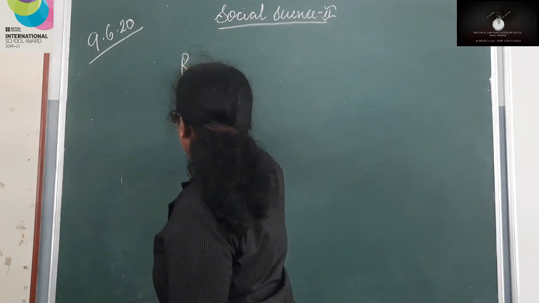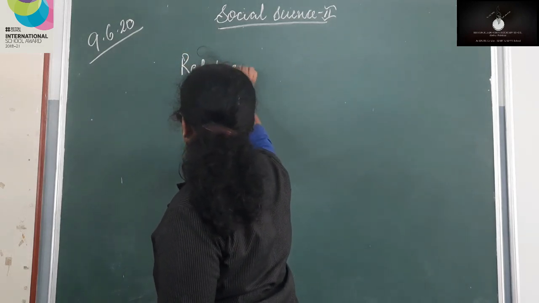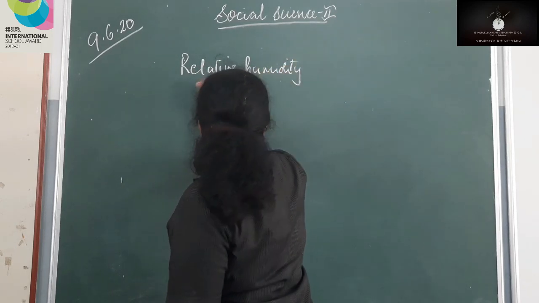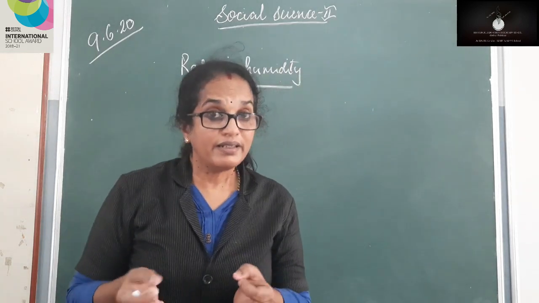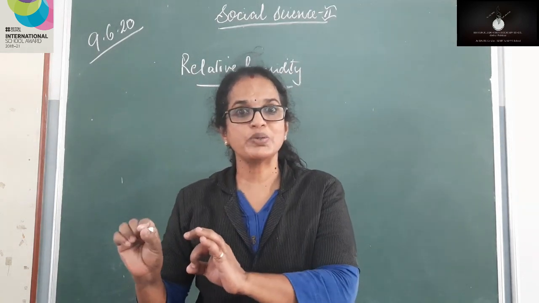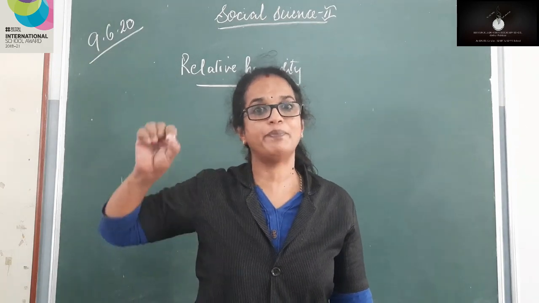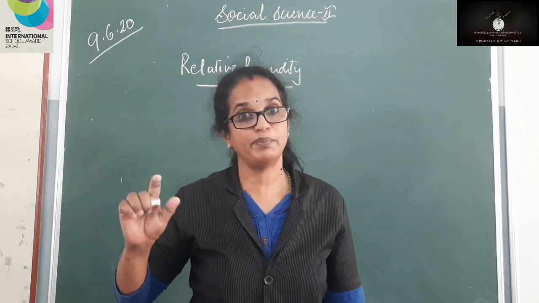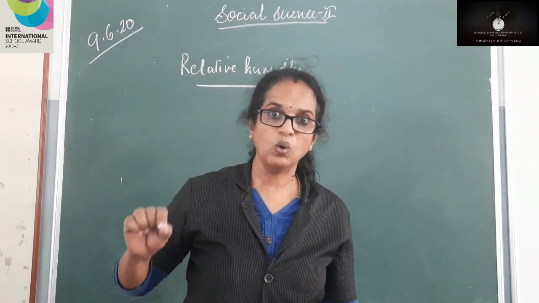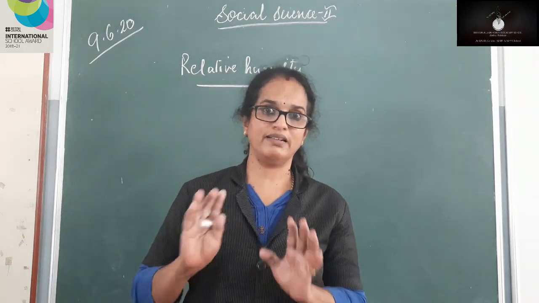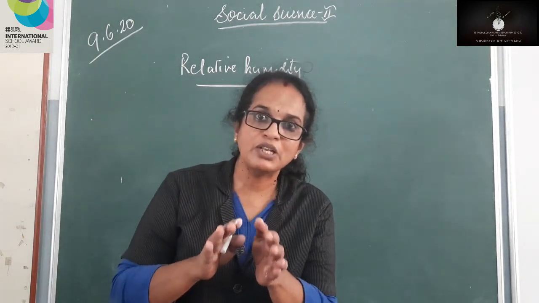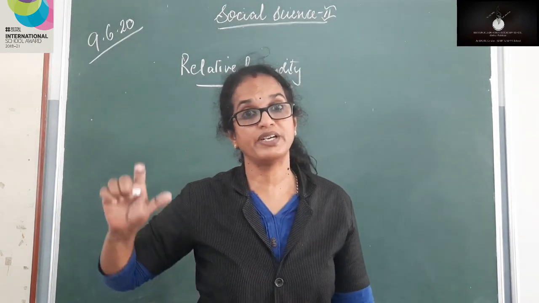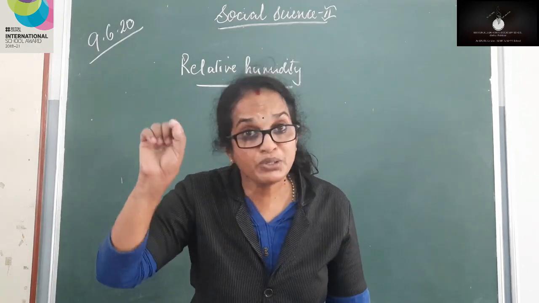Next concept is relative humidity. Now what is this relative humidity? Relative humidity means the ratio between the actual amount of water vapor in the atmosphere and the total amount of water vapor that the atmosphere can hold. That means absolute humidity divided by the capacity of the atmosphere to hold water vapor, into 100.